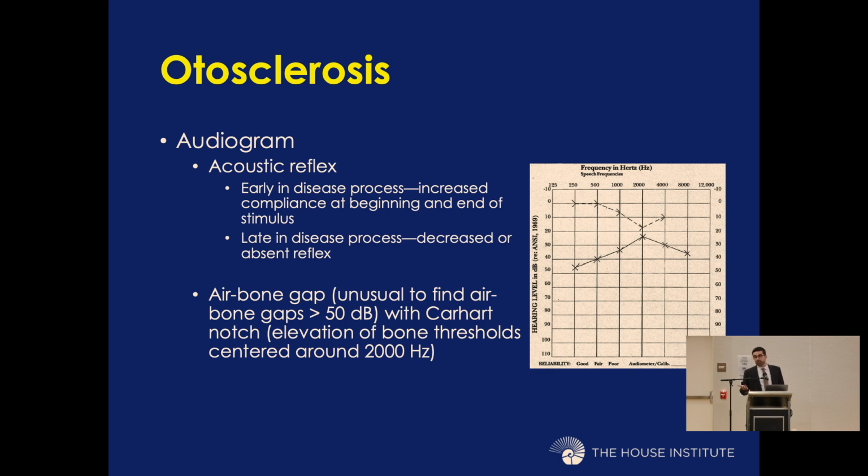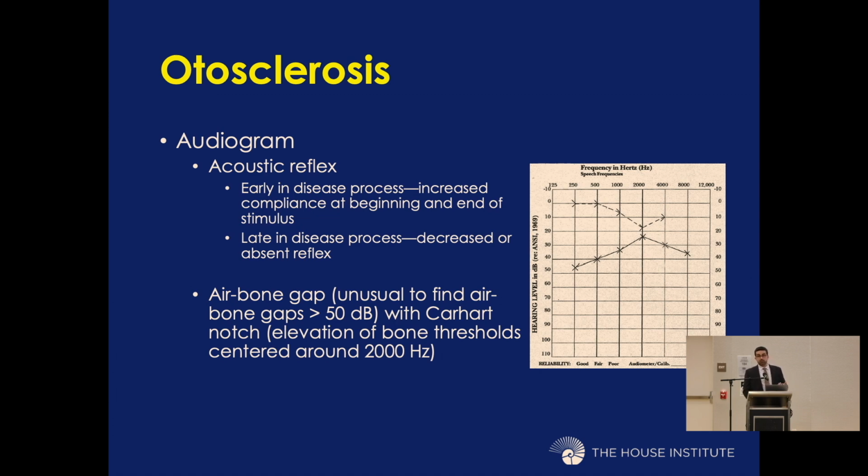Now, as you all know, acoustic reflexes can be absent also in moderate to severe sensorineural hearing loss or other conditions, so it is more of a rule-out type of finding. If I see somebody with a conductive hearing loss, let's say this exact audiogram that looks like a pretty wide air-bone gap, but they still have acoustic reflexes, then we doubt the diagnosis of otosclerosis. But if it is absent, it can still be something else, but that's more likely to be otosclerosis.